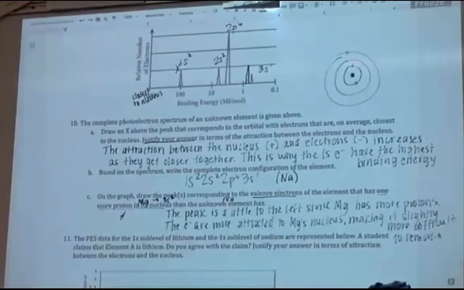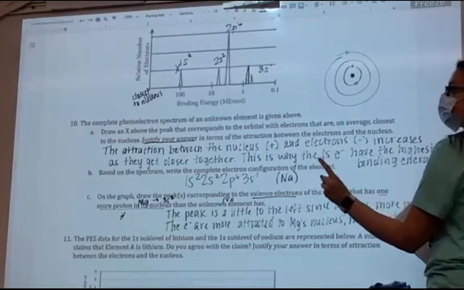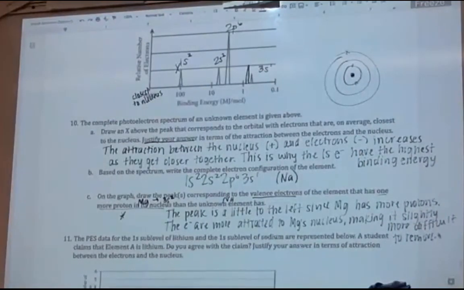So since magnesium has one more proton, it's increasing the attraction between its nucleus and its valence electrons. Yes, we are adding one more valence electron, but we're also adding one more proton in the nucleus. More positive, more attraction toward the nucleus.